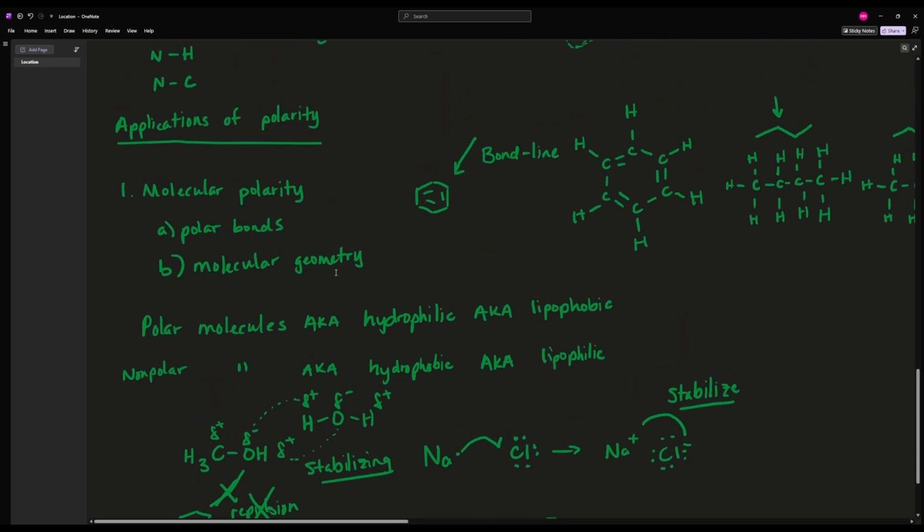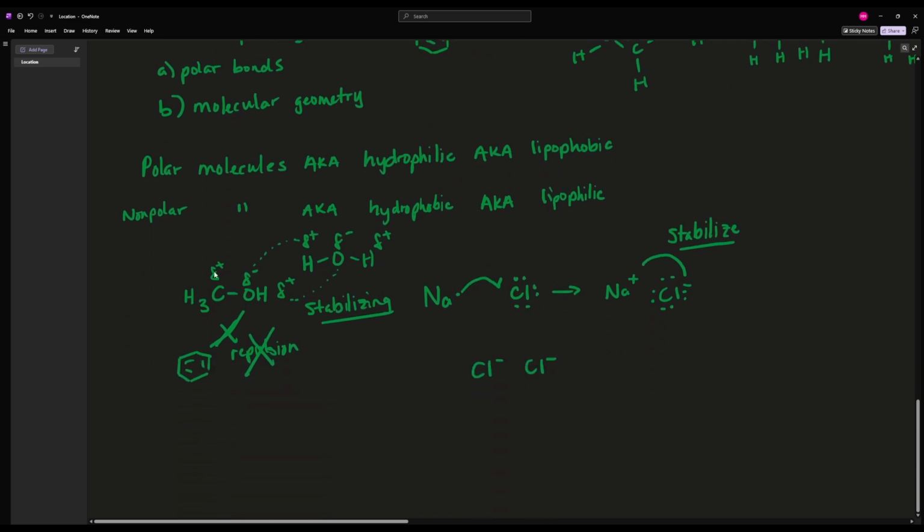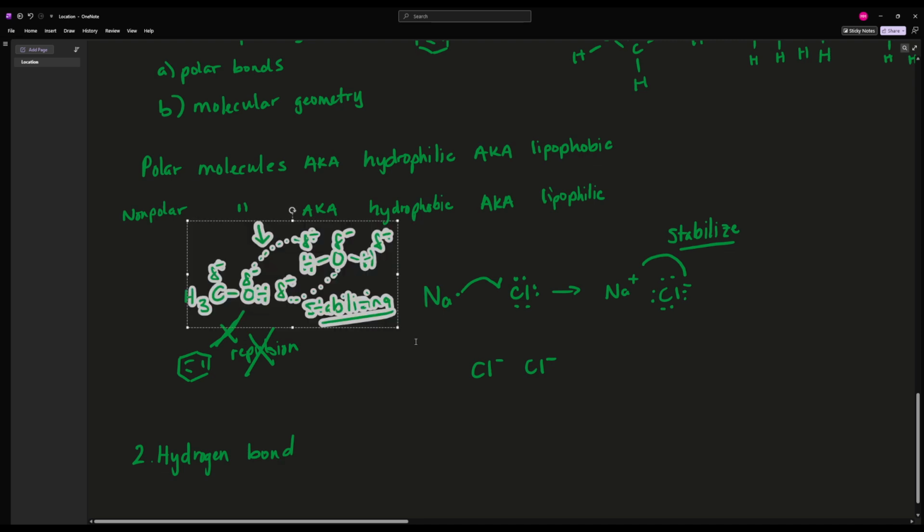All right, so we've talked about molecular polarity, but now we're also bringing in this idea of interactions between molecules that are electrostatic. And in fact, this interaction right here is a very special interaction called a hydrogen bond. For this to occur, we need this exact setup here.